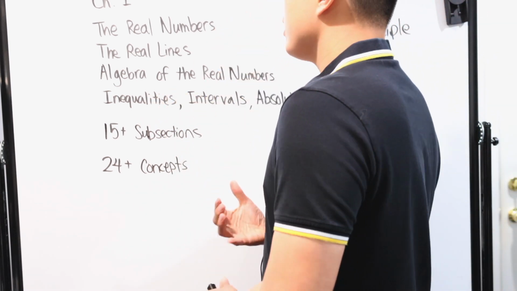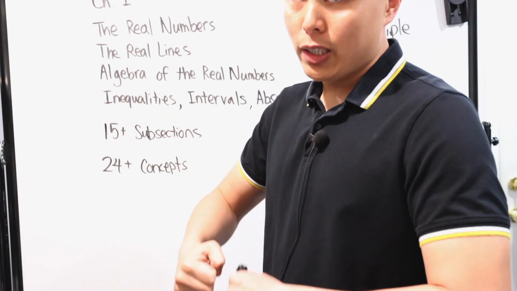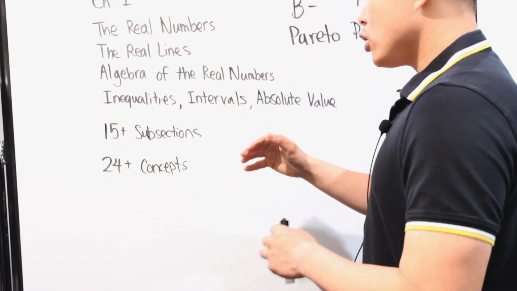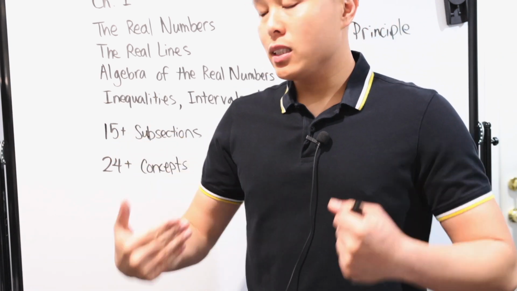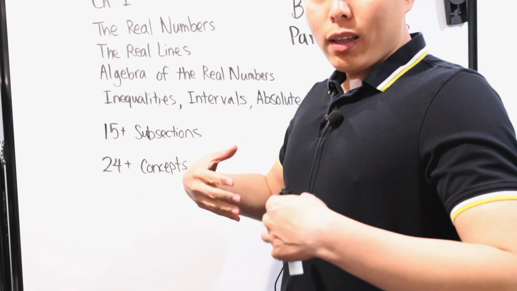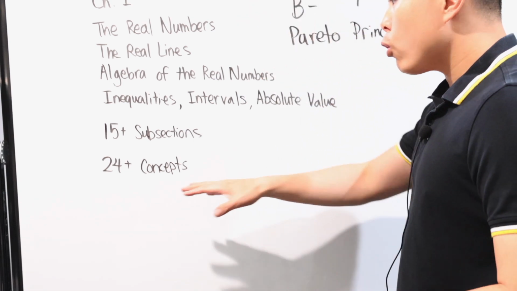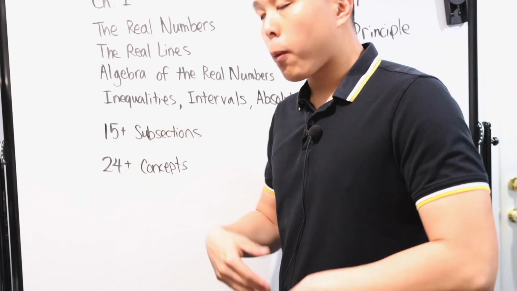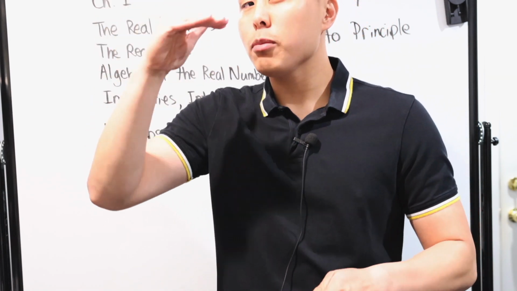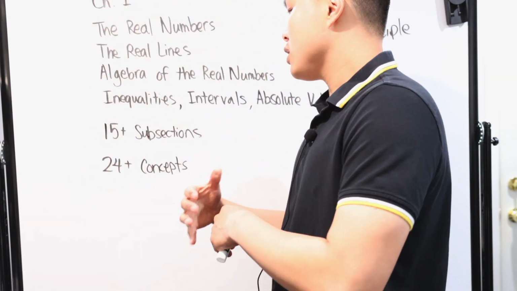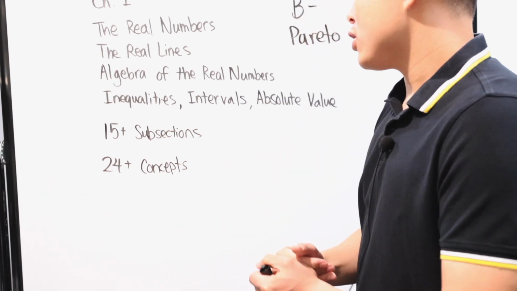Now, each and every one of these big sections is broken down into subsections. And just briefly skimming through, I counted at least 15 subsections. And then with 15 subsections, there's a total of at least 24 plus concepts, right? Those little highlighted boxes that say you need to memorize these different formulas or these different proofs to truly understand the math.